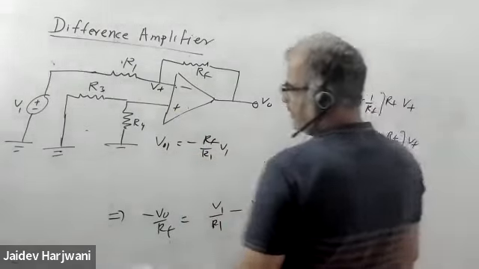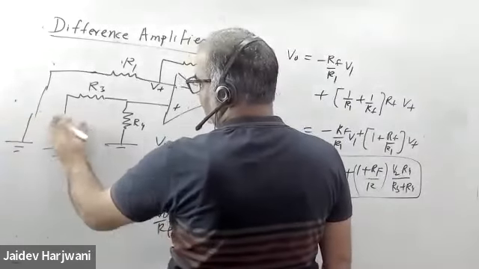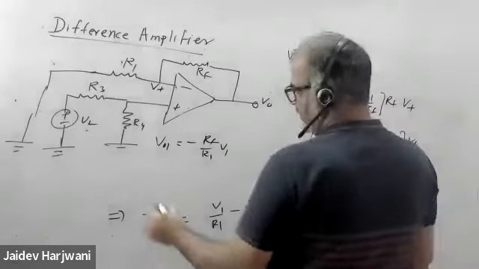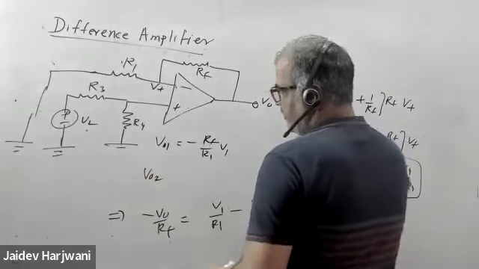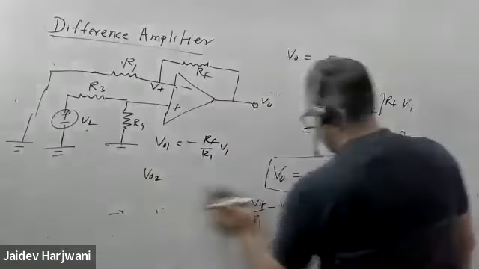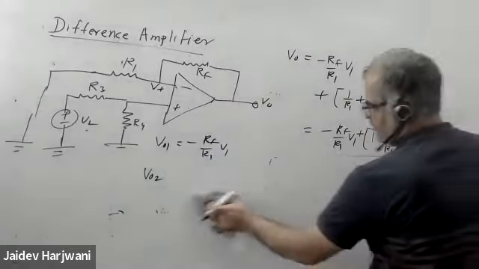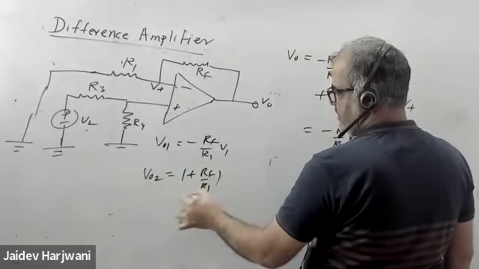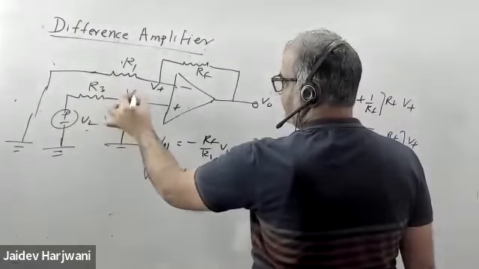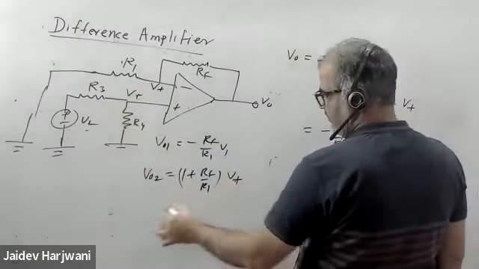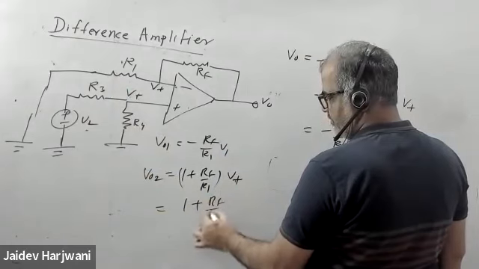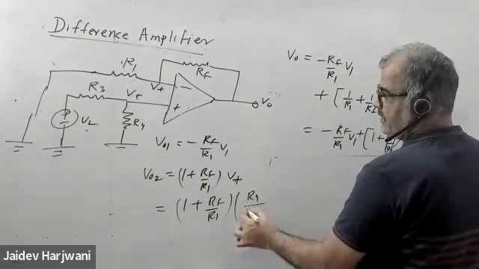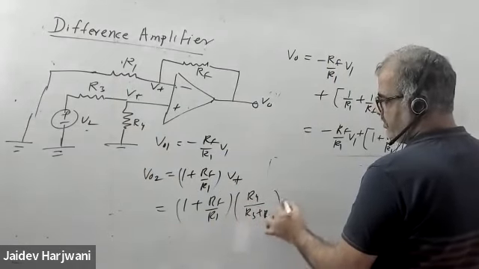Now second time I will make this one ground, and V2 is acting. This time my V0 will simply be 1 plus RF by R1 into V plus. 1 plus RF upon R1, and the voltage coming here is V plus, and V plus we already know is R4 upon R3 plus R4 into V2.